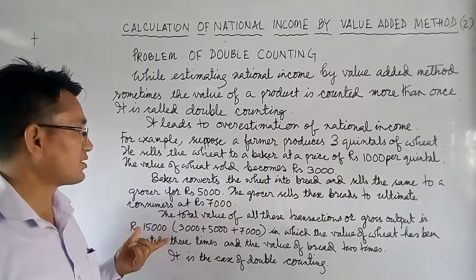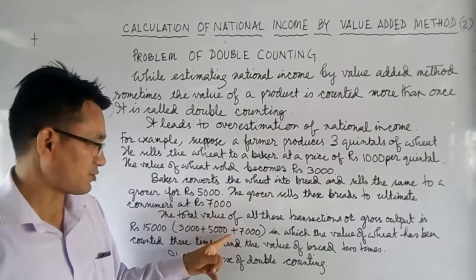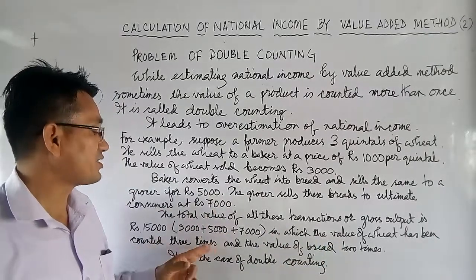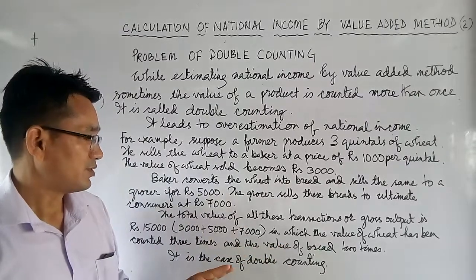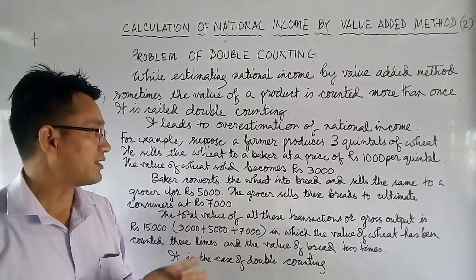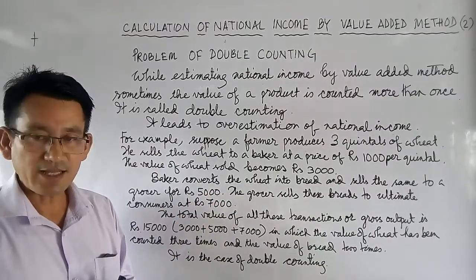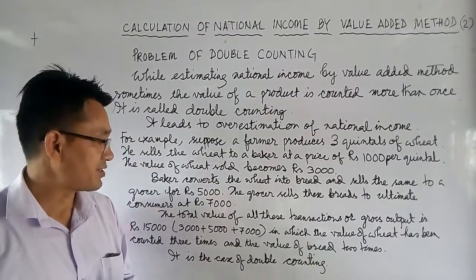That 15,000 is nothing but this 3,000, this 5,000 and this 7,000, in which the value of wheat has been counted 3 times and the value of bread 2 times. That means the value of wheat at the farmer's hand, the value of wheat at the baker's hand, and the value of wheat at the grocer's hand, so counted 3 times.